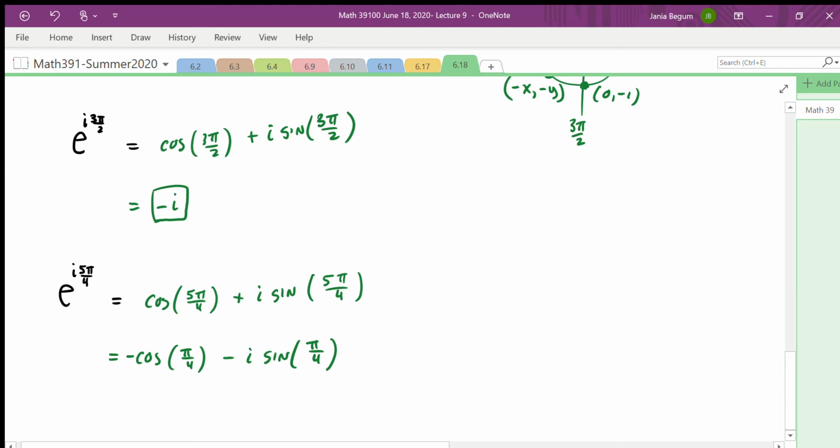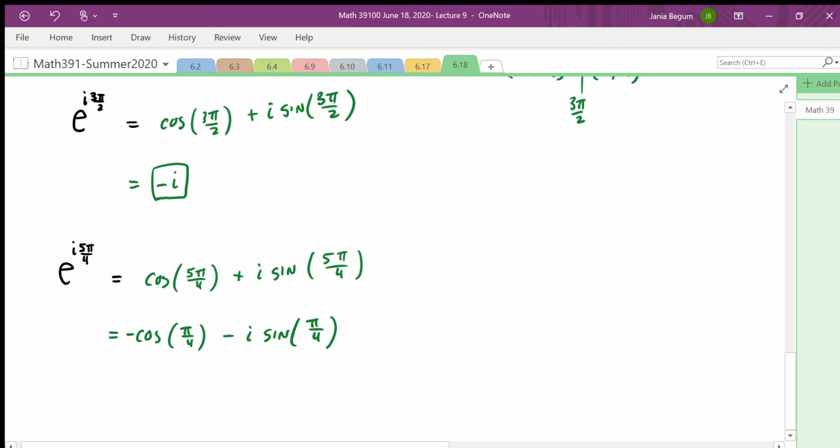And now we can evaluate: if you remember from pre-algebra or pre-calculus, this is negative square root of 2 over 2 minus i square root of 2 over 2.